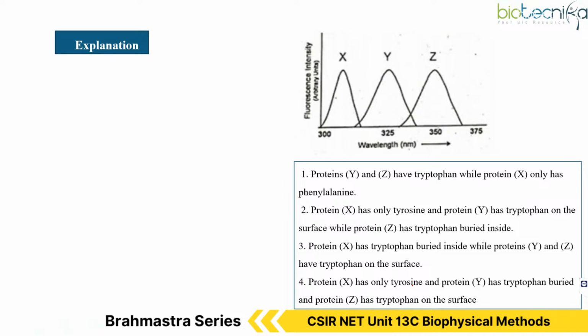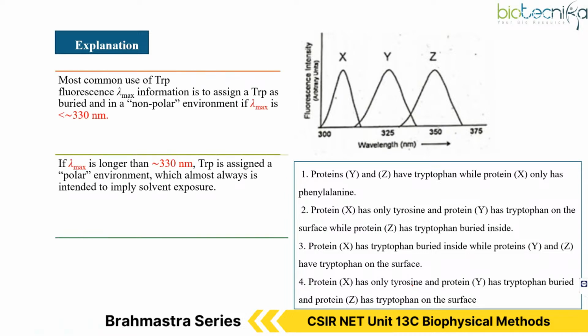Only one thing that you have to remember is, as I told you, with context to tryptophan. First of all, the absorption of light in protein is mainly due to the aromatic amino acids tryptophan, tyrosine, and phenylalanine. And talking about tryptophan fluorescence spectra, always remember, tryptophan fluorescence lambda max information is used to assign whether tryptophan is buried inside or exposed.